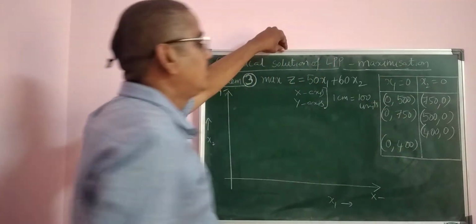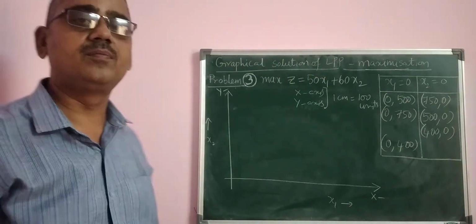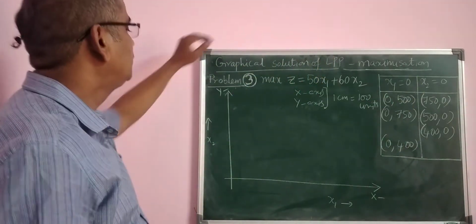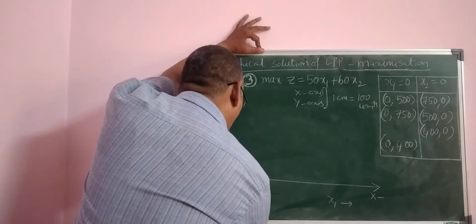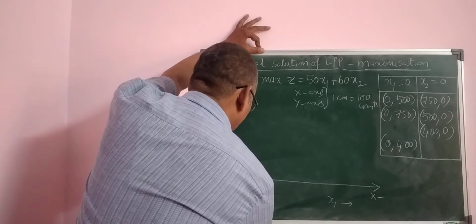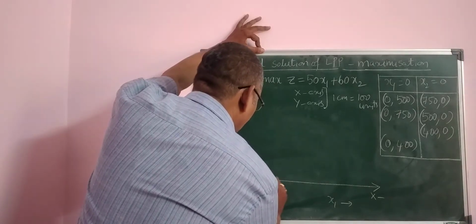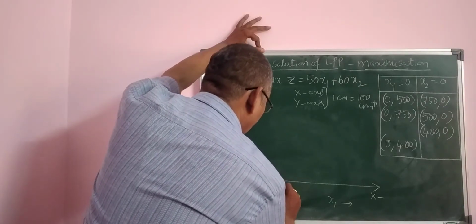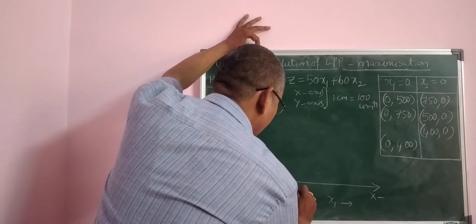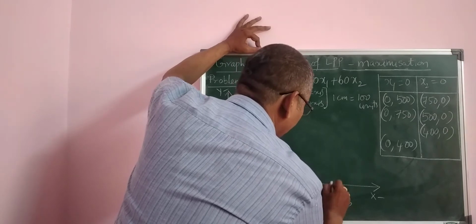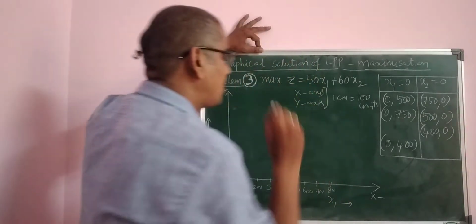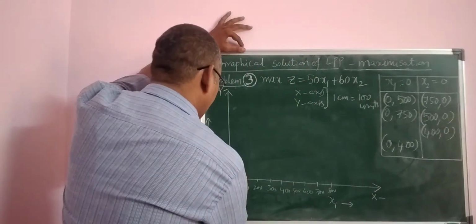So therefore, I am drawing the values here: 100, 200, 300, 400, 500, 600, 700, and for the last one I consider 800. 750 is the maximum value. Similar fashion here as well.